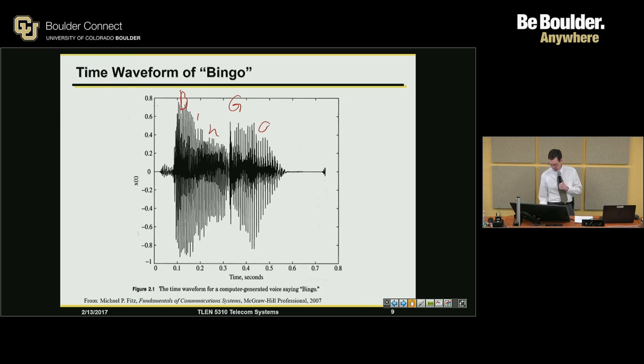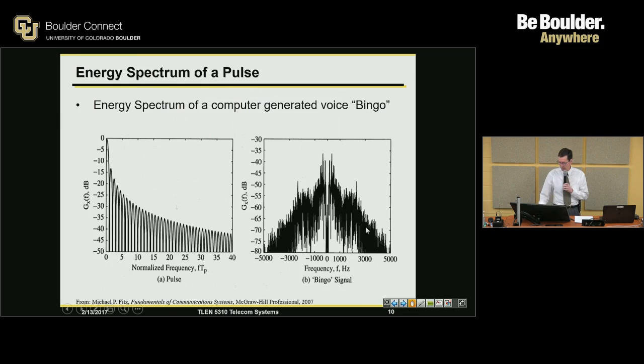And if I put it in the frequency domain, the frequency domain of bingo will look something like this, where the largest frequency components happen to be at the lower frequencies, and so they create the peak here, and then as I go higher in frequency, they tail off.